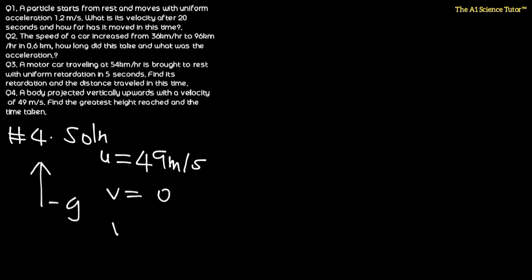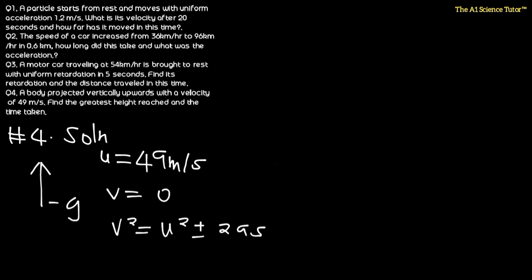So basically, I just need to use v squared is equal to u squared plus or minus 2as. But there will be a change in the symbols and some of the terms that I need to use here. So first off, I don't need to use a positive because the motion is actually going against gravity, so I will actually use a negative.